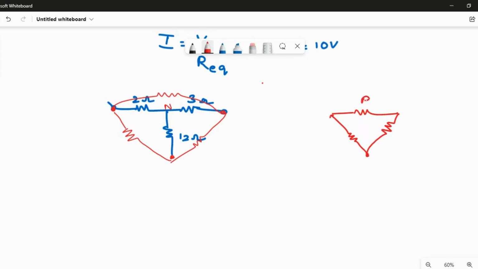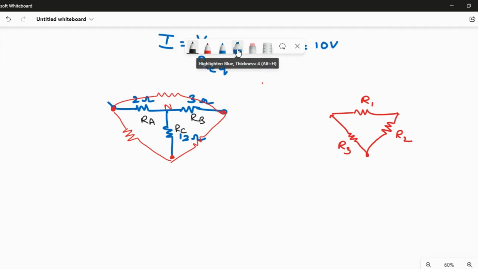But we don't know these delta values. So mark these values as R1, R2, R3. You have to find these values. So how do we find them? I'm marking the resistors in the star connection as RA, RB, RC. RA value is 2 ohm, RB is 3 ohm, and RC is 12 ohm.